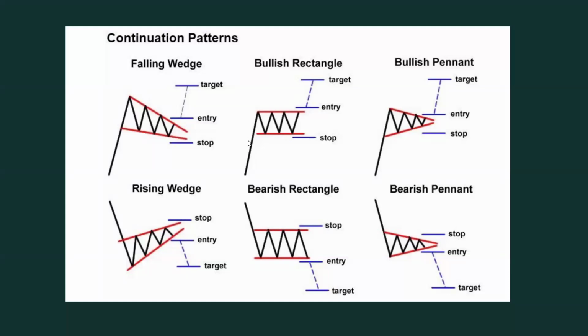Like this bullish rectangle, there is a continuation pattern going on, and we are expecting it to break through the resistance point over here. So you can get your entry at this price line, and you can set a target when it continues to have a breakout.